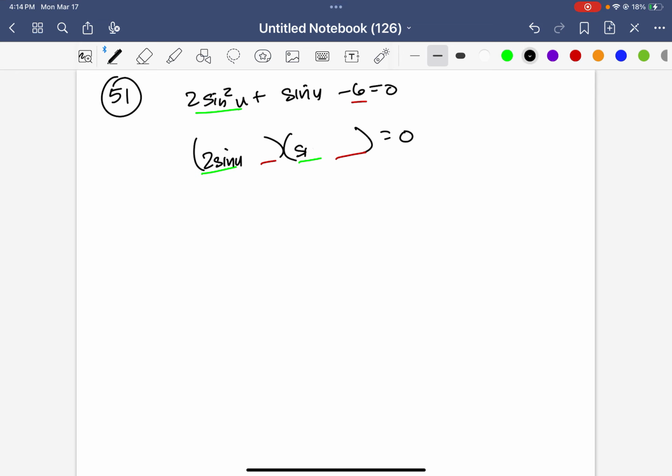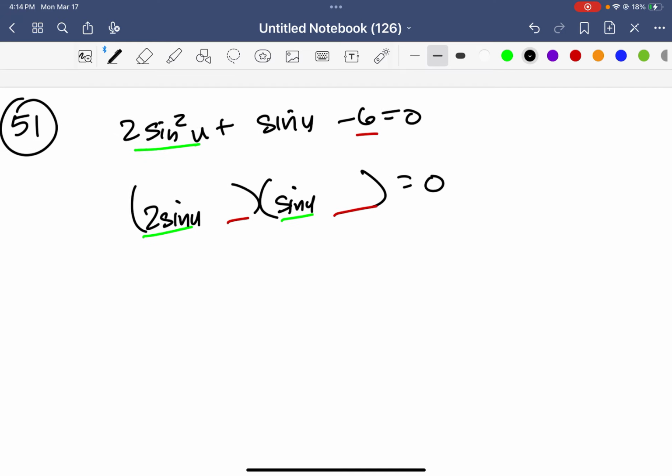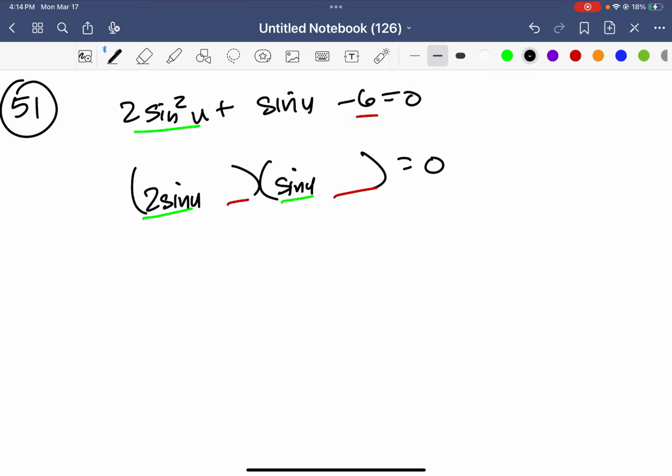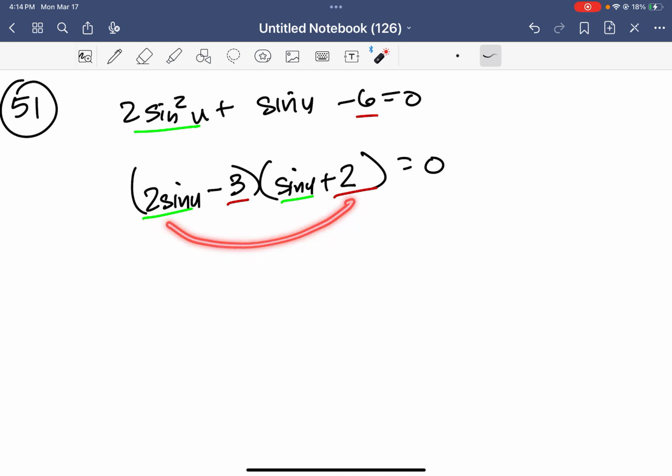So I think I'm going to have this and this. And then at the end, I think I'm going to have a 3 and a 2, where this is negative, and this is positive. So that's going to give me 4 sine minus 3 sine, gives me what I want. And then this gives me the last term I want.